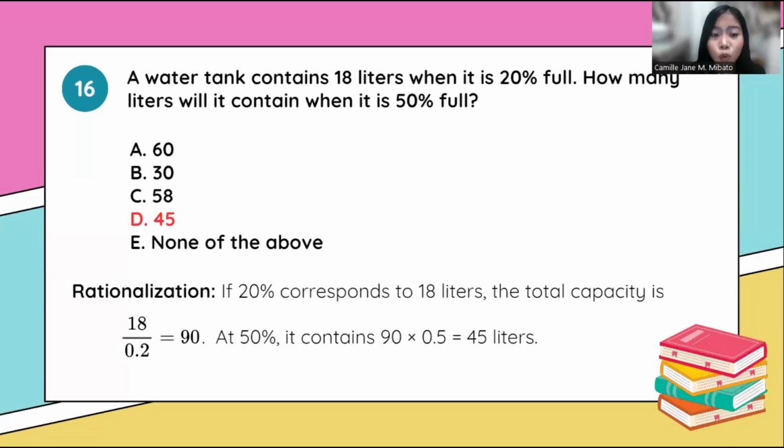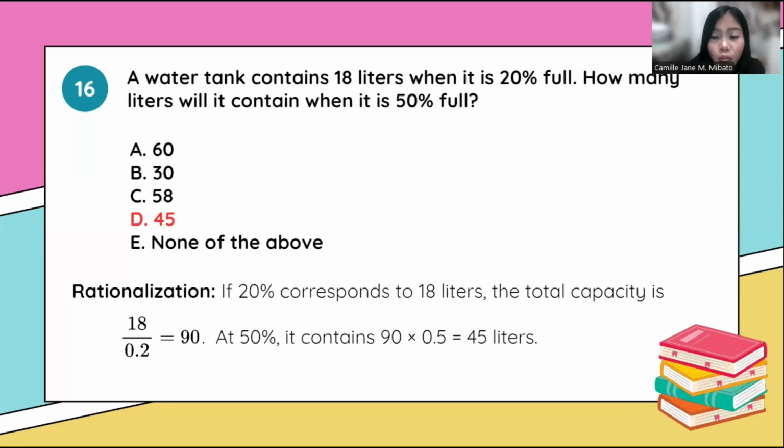If 20% corresponds to 18 liters, the total capacity is 18 divided by 0.2, or 20%, which is equal to 90. Meaning at 50% it contains 90 times 50%, or times 0.5, which is equal to 45 liters.